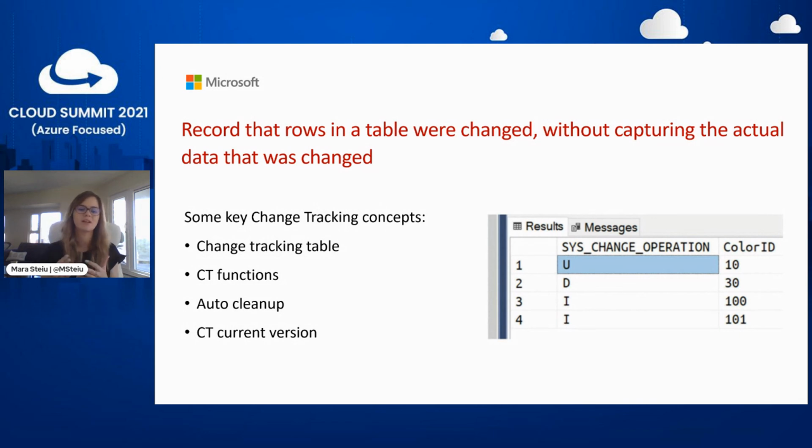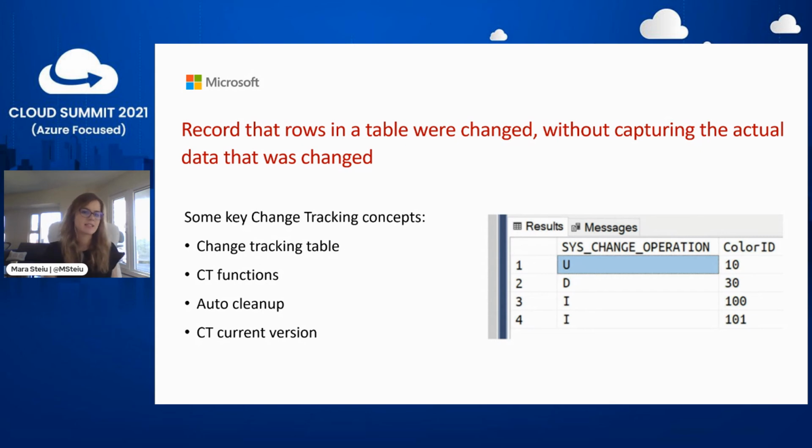If you remember, for CDC you also capture historical data changes, but for change tracking, as you can see here, you can see what type of DML change occurred on each of these rows. This is pretty much how change tracking works. It records that the rows in a table were changed, but without capturing the actual change data.